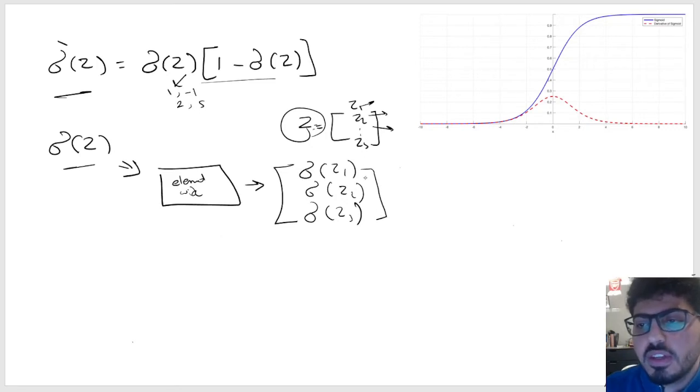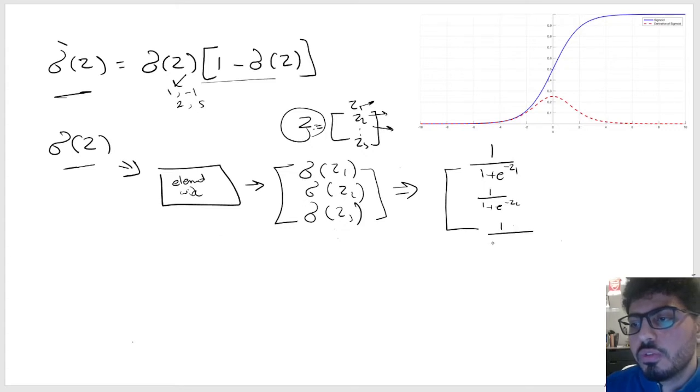I'm limiting this to just a batch of 3 images for simplification, but this could go all the way up to sigmoid of Zn. So the sigmoid function is an element-wise function because it applies to the elements of the vector Z1, Z2, and Z3 in an element-wise fashion. This is how the function will look like at the end: 1 over 1 plus e to the negative Z1, 1 over 1 plus e to the negative Z2, 1 over 1 plus e to the negative Z3.